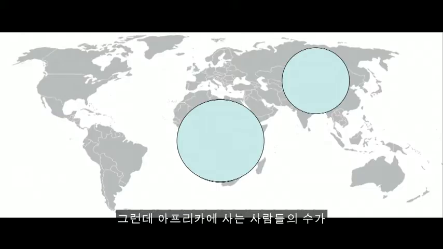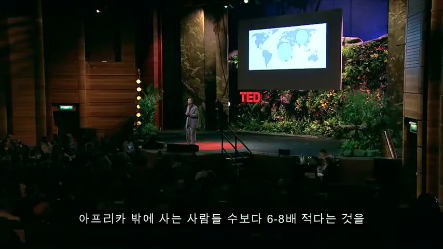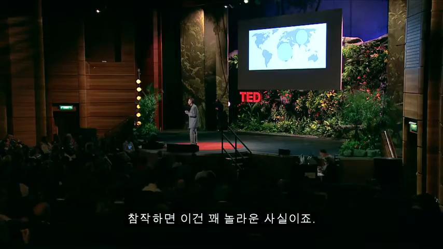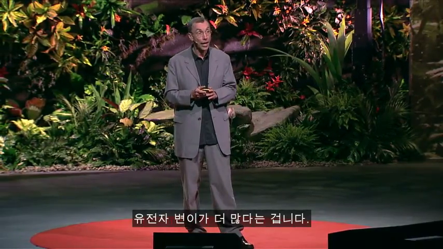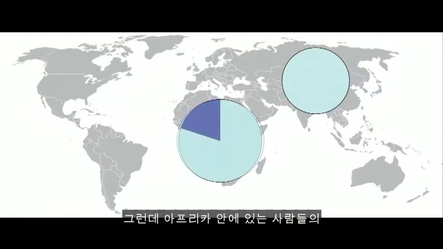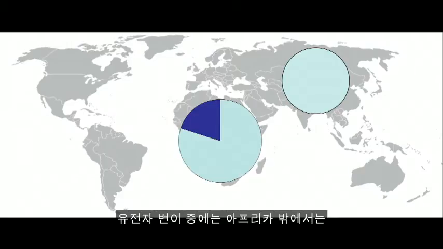This is surprising, of course, because in the order of 6 to 8 times fewer people live in Africa than outside Africa, yet the people inside Africa have more genetic variation. Moreover, almost all these genetic variants we see outside Africa have closely related DNA sequences that you find inside Africa. But if you look in Africa, there is a component of the genetic variation that has no close relatives outside.